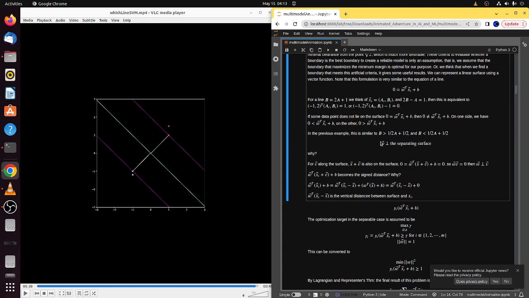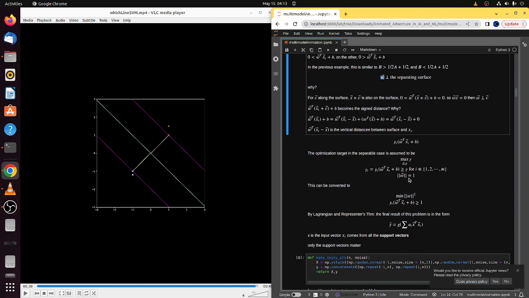What's more, since this vector is perpendicular, if I take the dot product between w and the vector from the line to the nearest point, you can get a distance, but more importantly, a signed distance. This is the vertical distance, right?